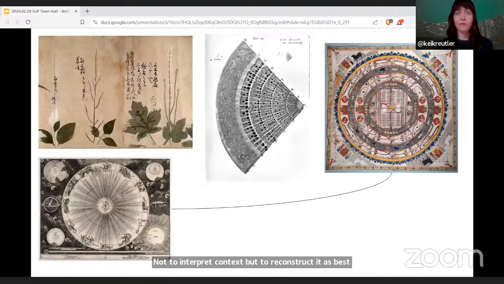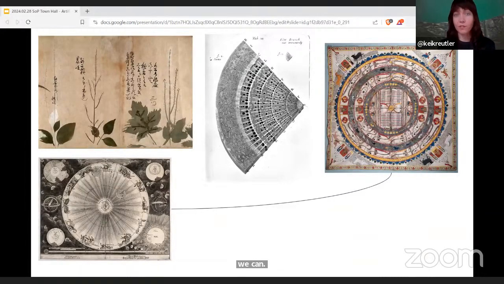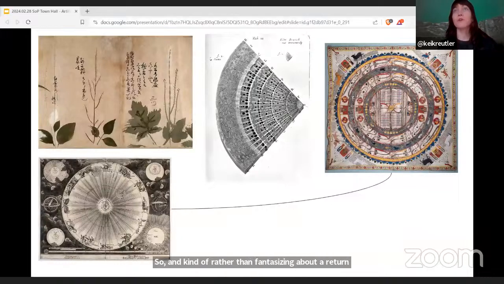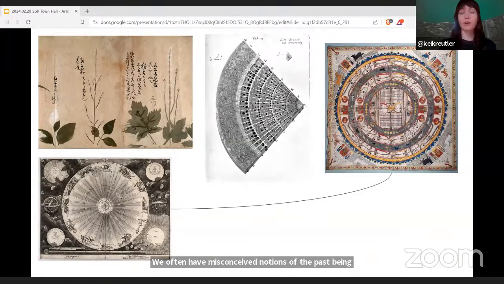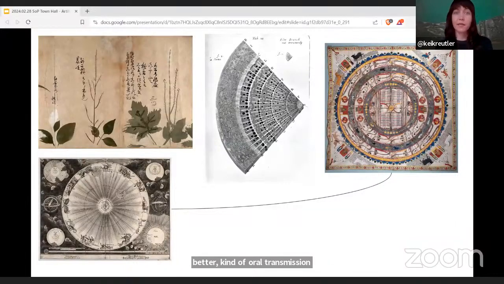Rather than fantasizing about a return to a pre-digital era of memory, we often have misconceived notions of the past being better, of oral transmission being perfect. Instead, with defining the sensibility of orientation, what I'm trying to do is elevate a through line of associative arrangement in the history of artificial memory.